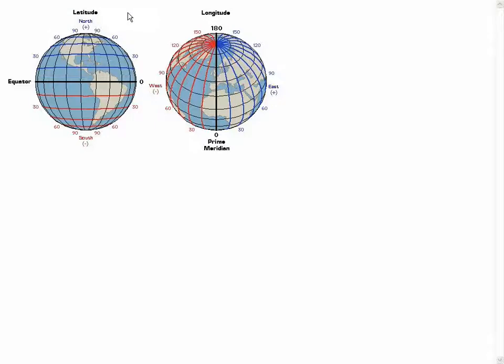Latitude represents the angular distance north or south of the equator. North is positive, south is negative, and it consists of parallels. You can see parallel circles here, and the lines of latitude are parallel to the equator.